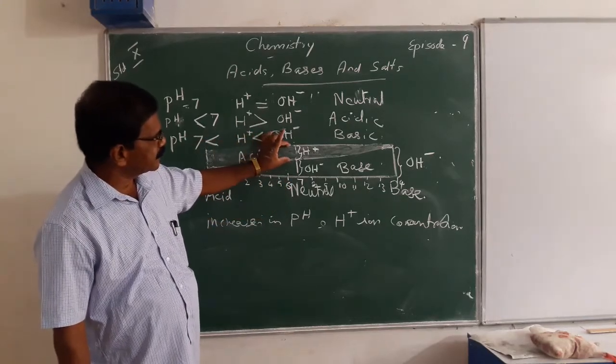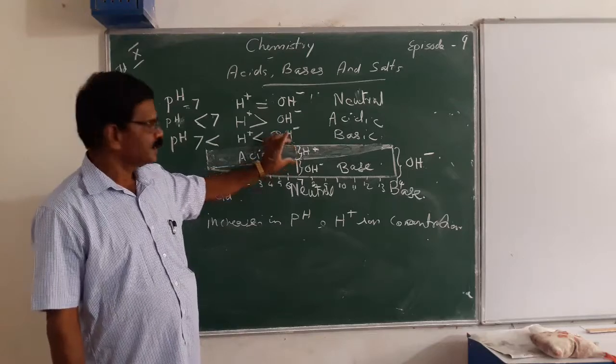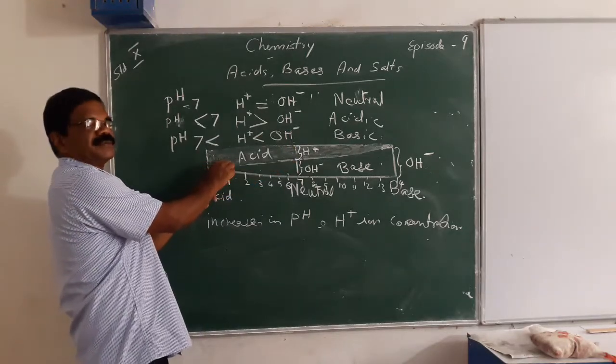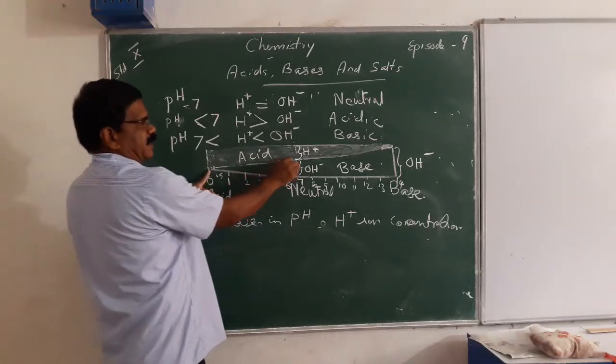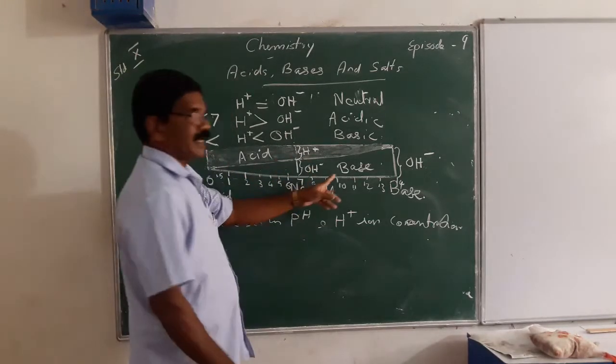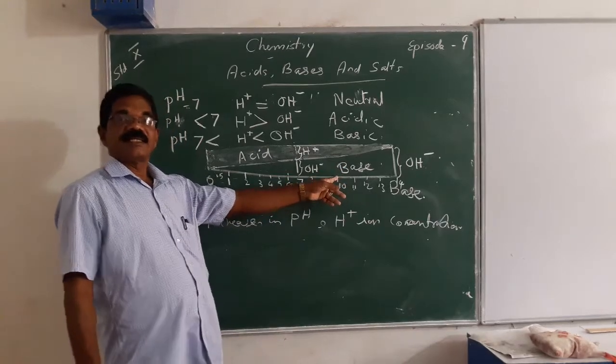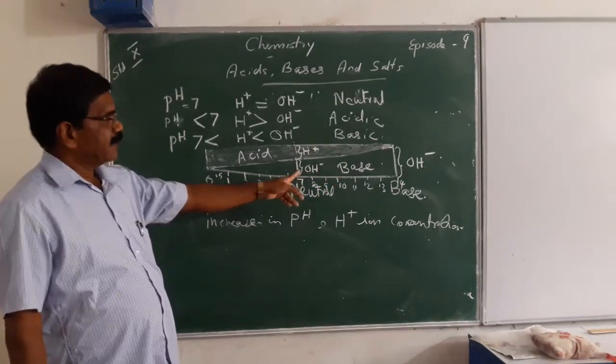Hydrogen ion concentration decreases. At pH 1 the hydrogen ion concentration is highest. But in the case of a base, it is in the reverse order.